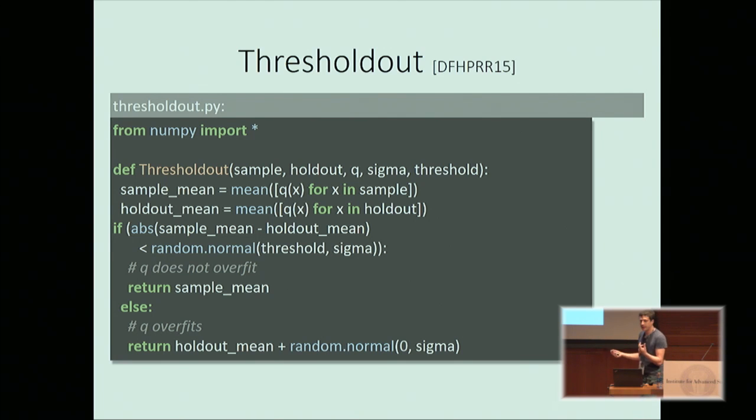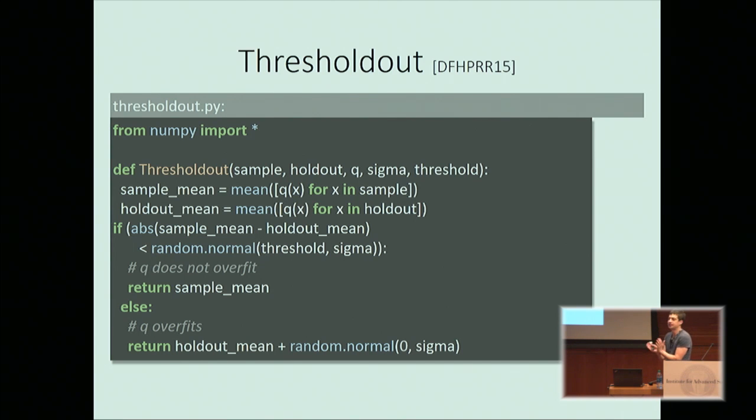The algorithm evaluates the empirical value of that query, both on the holdout set and on the training set. Okay? And then it computes how different those two things are. What is the absolute value difference between the value of the query on the training set and the holdout set? And it adds some noise to that for differential privacy.